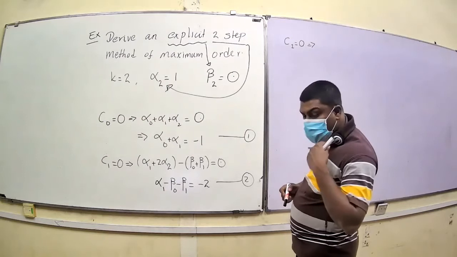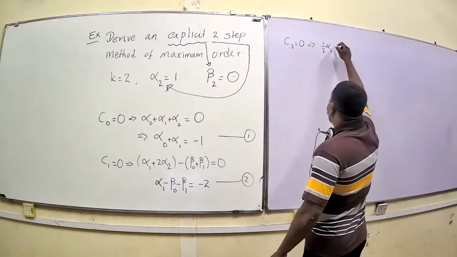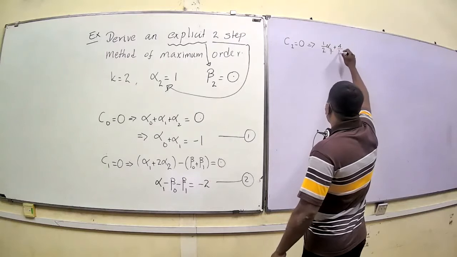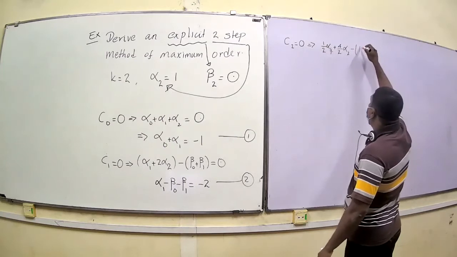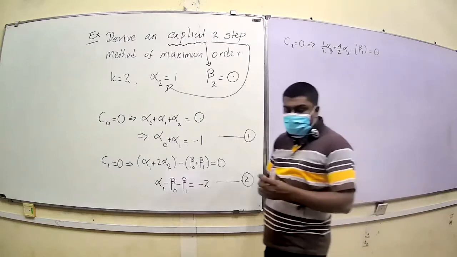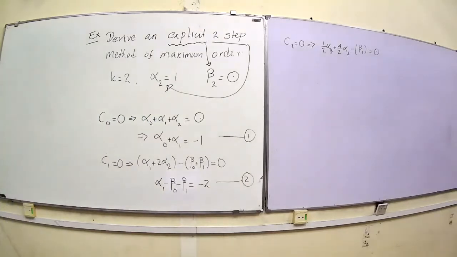C2 is the summation of j squared over 2 times alpha j minus the summation of j times beta j.